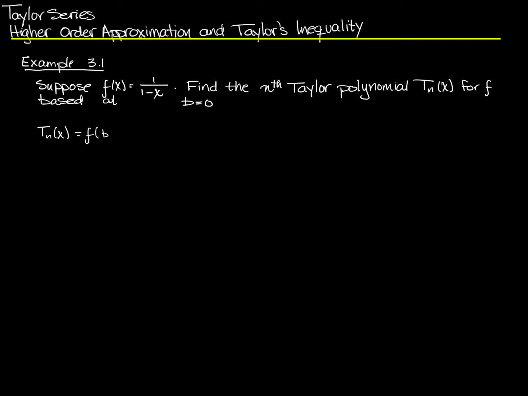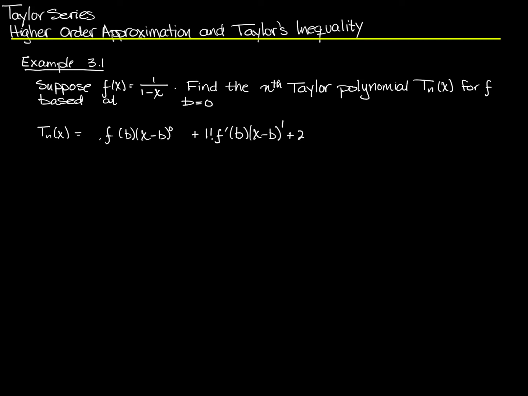We have f of b. Actually, I'm going to rewrite this as 1 over 0 factorial times f of b times x minus b to the power of 0, plus 1 over 1 factorial times f prime of b times x minus b to the power of 1.